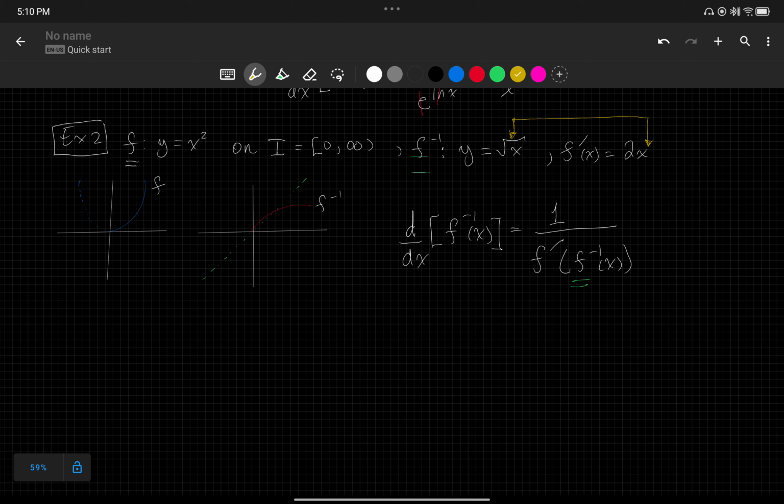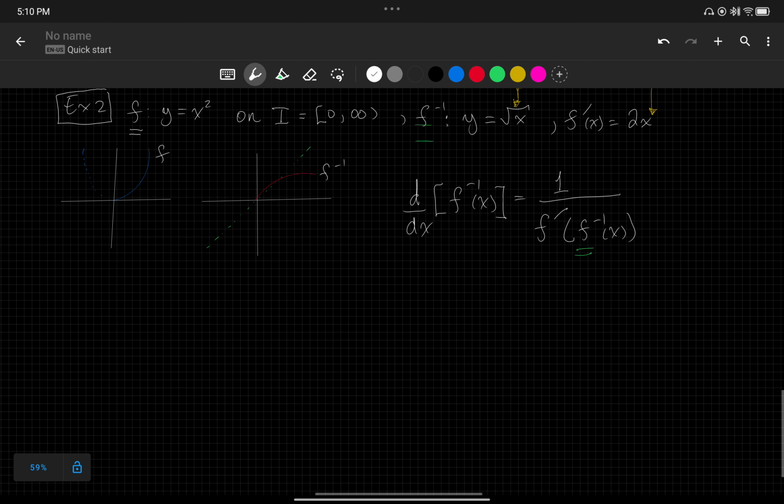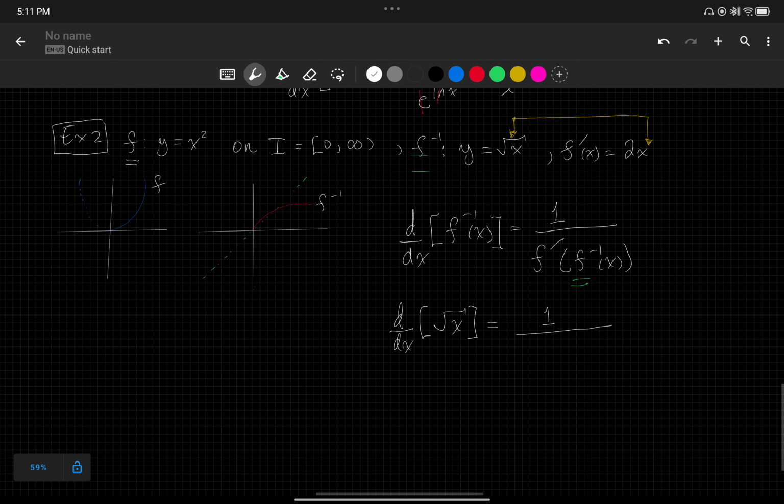All right. So let's give it a shot. All right, so then the derivative of the inverse, which is square root of x, is equal 1 over, and then we said the inverse goes inside of the derivative, and that's what I have over here in the yellow.